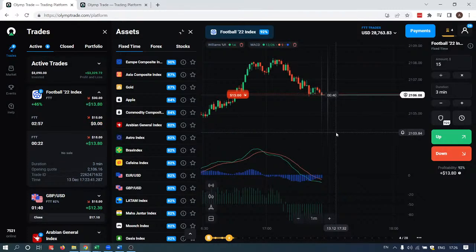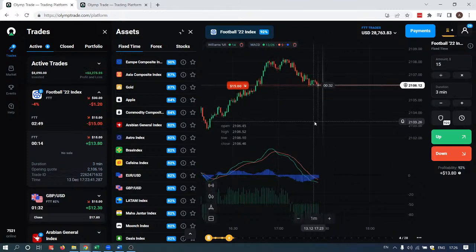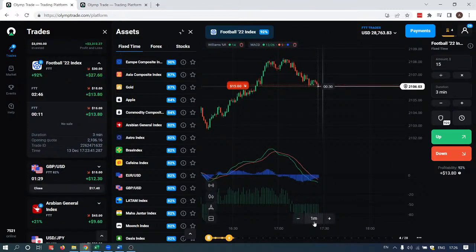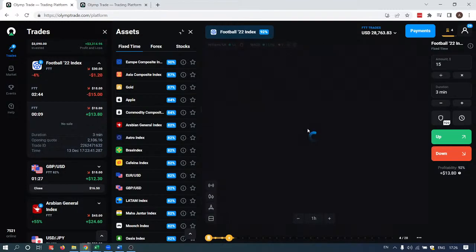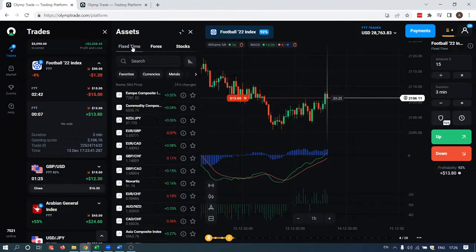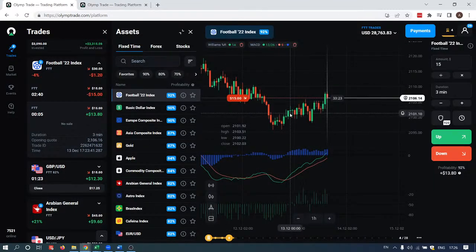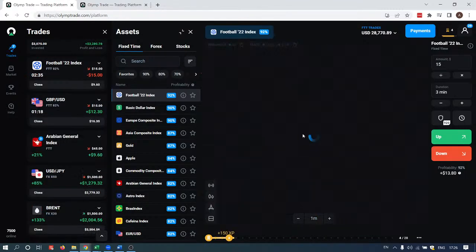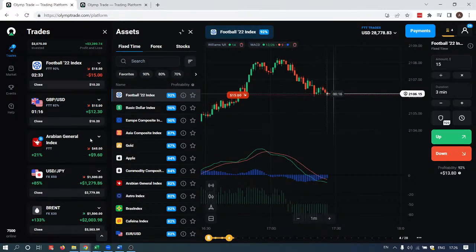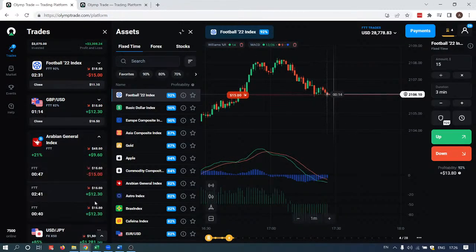If you are able to make consistently correct forecasts, say 60% of your forecasts are correct, all you need to do is change your time frame. From 1 minute you go to a 1 hour time frame, you switch to Forex mode, and then you just open Forex trades. And probably the most important skill required in this field of trading is that you need to be able to properly manage your trades.